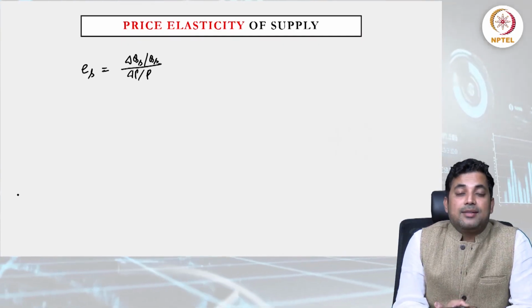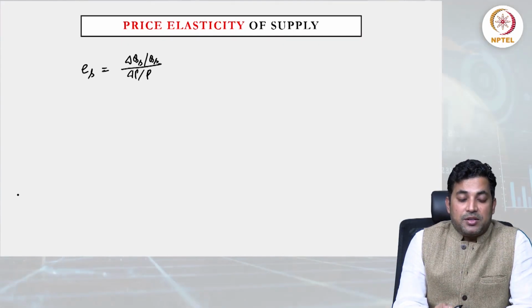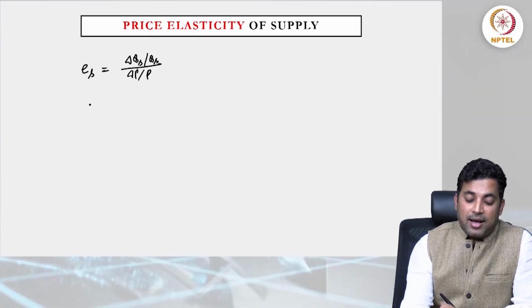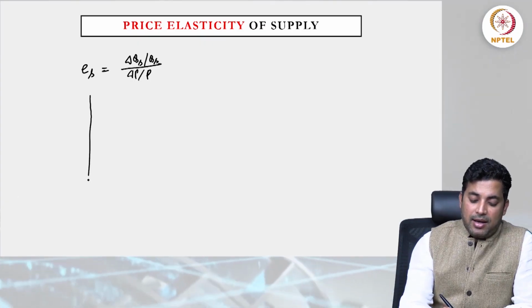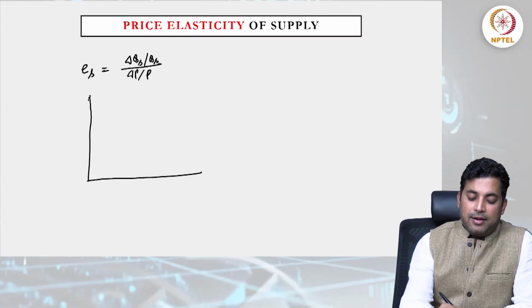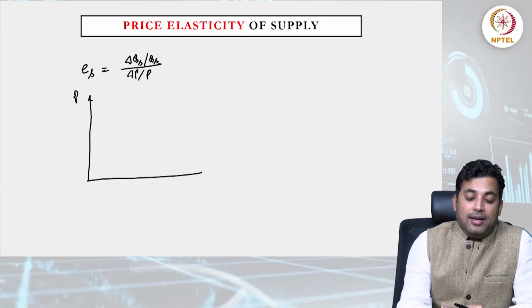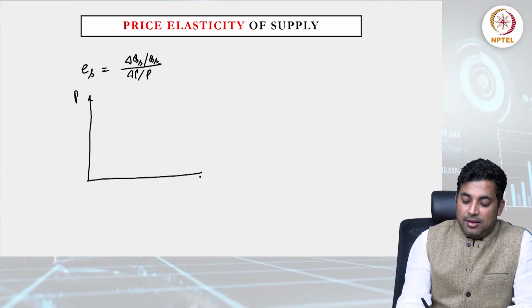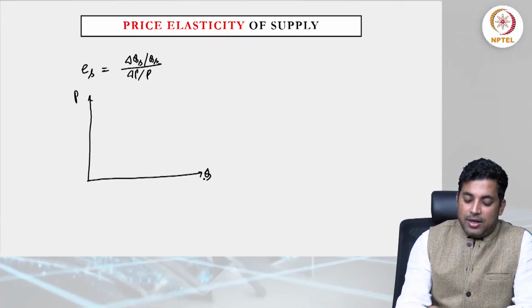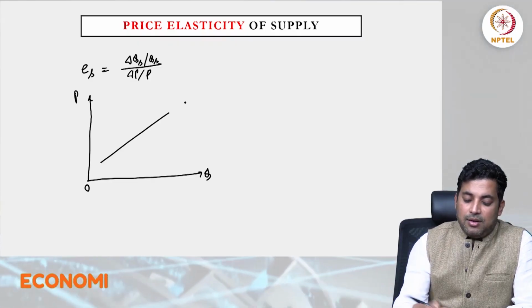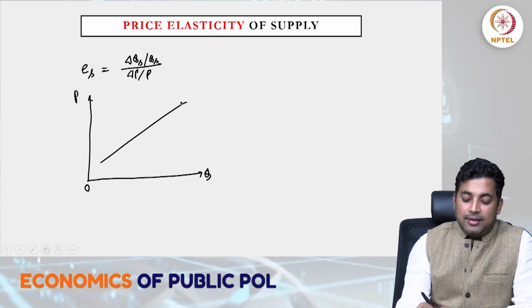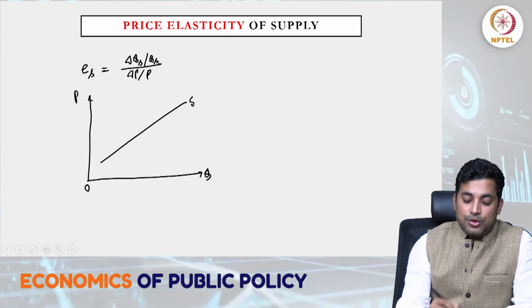As we know, the supply curve is the functional relationship between the price and quantity supplied. If we draw it, price is measured vertically and quantity on the horizontal axis, and the supply curve is upward sloping.